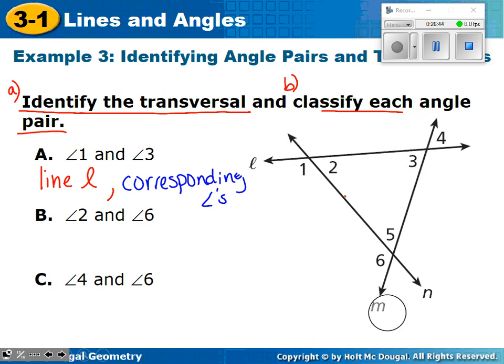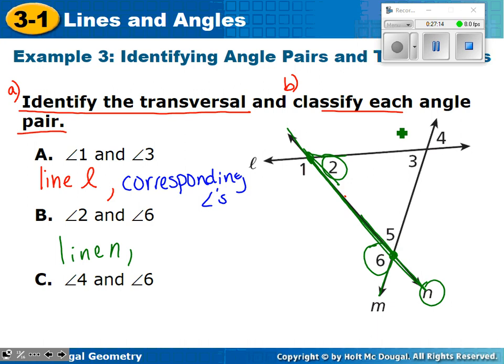Okay, let's go to the next one. What transversal is creating 2 and 6? Line N, as in Nellie. Line N. So angle 2, here's the vertex. Angle 6, here's the vertex. And the line that connects those 2 vertices is line N. All right, and then what kind of angles are 2 and 6?